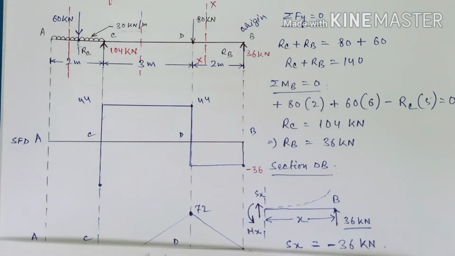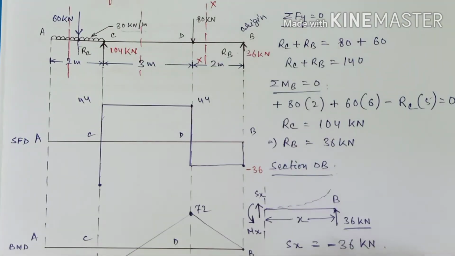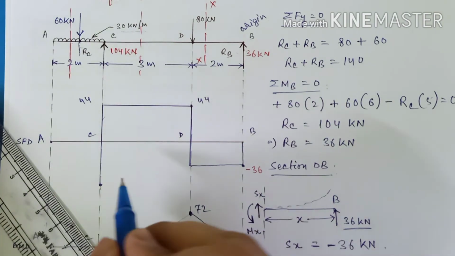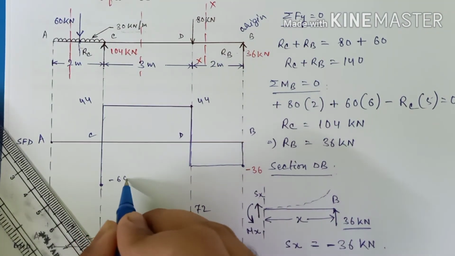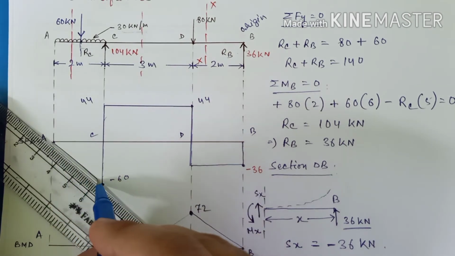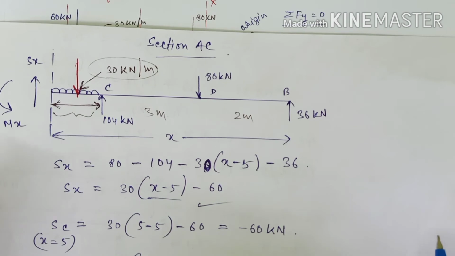Now the value of shear force at A is 0, so it will be here. Let me write here minus 60, guys. Just join this with a straight line also. Why a straight line? Because we are having a 1 degree polynomial. As simple as that.